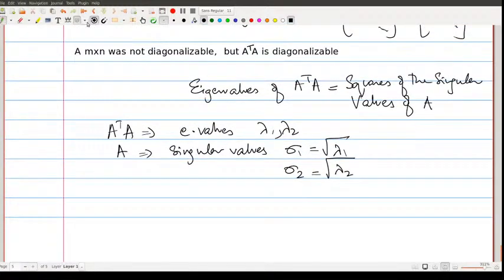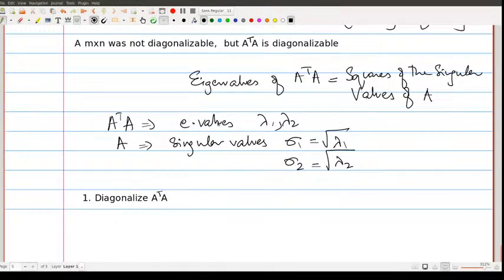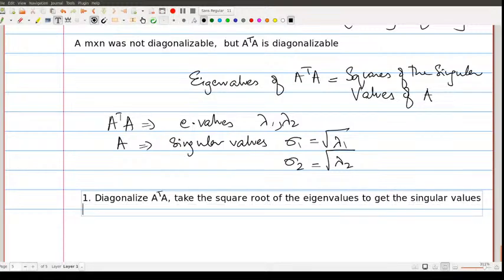The first step is to diagonalize A transpose A. The eigenvalues are the squares of the singular values, so take the square root of the eigenvalues to get the singular values. That's the first step.